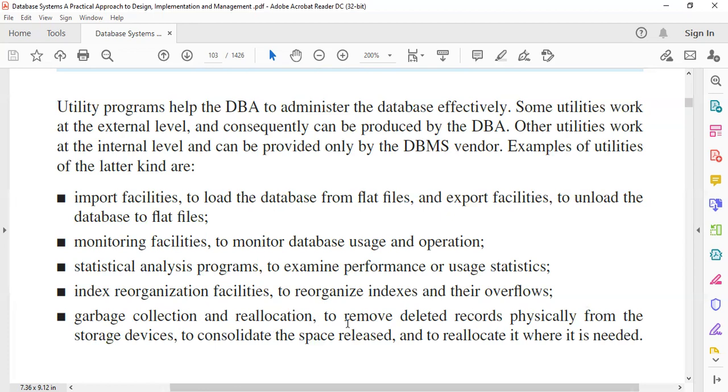In other words, it's able to remove deleted records physically from the storage devices, consolidate the space released, and reallocate it when it is needed. So once you delete some records, the DBMS is able to remove them from the physical storage and have that space being used somewhere else.